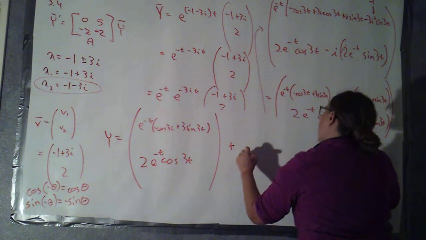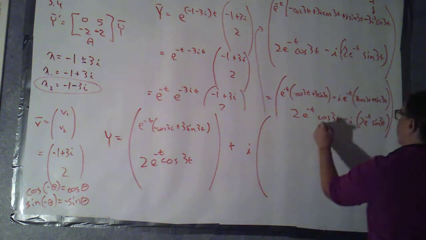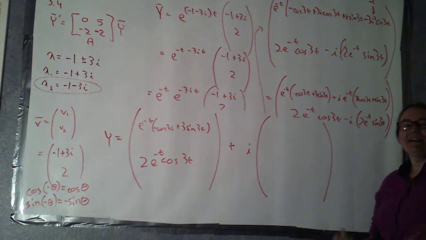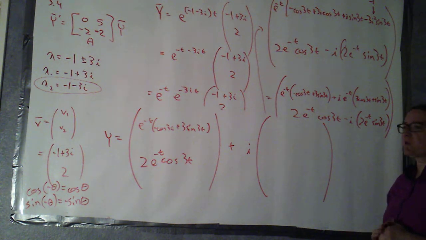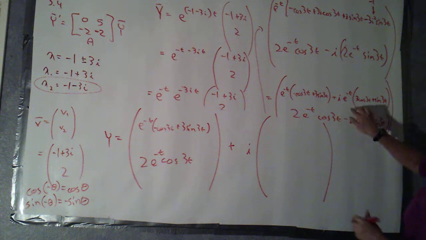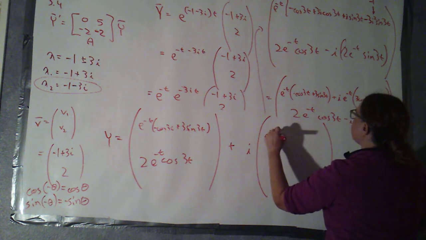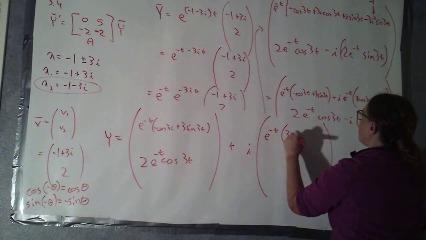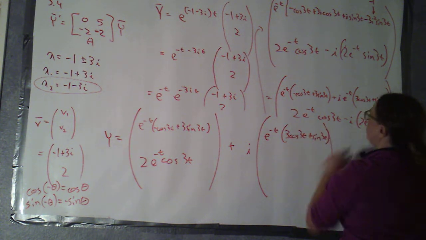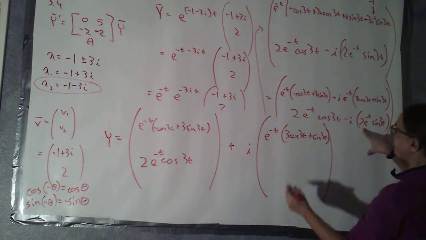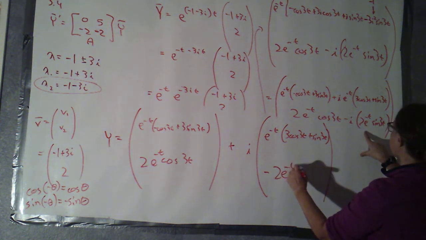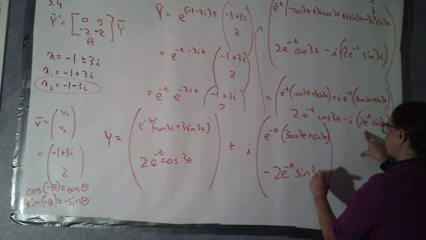Plus i, so I'm just going to factor out the i, that is a complex scalar. And the rules for scalar multiplication work the same whether it's a real or a complex scalar. So it's i times e to the negative t, 3 cosine 3t plus sine 3t. And then on bottom, don't forget that negative, minus 2e to the negative t sine of 3t.